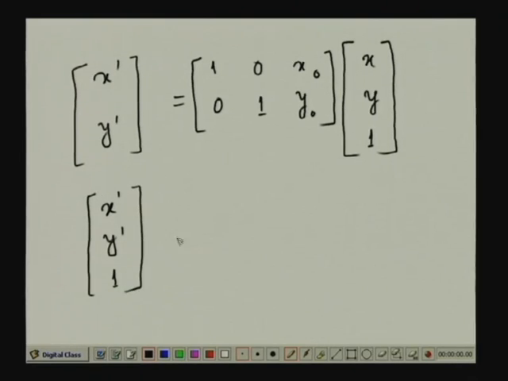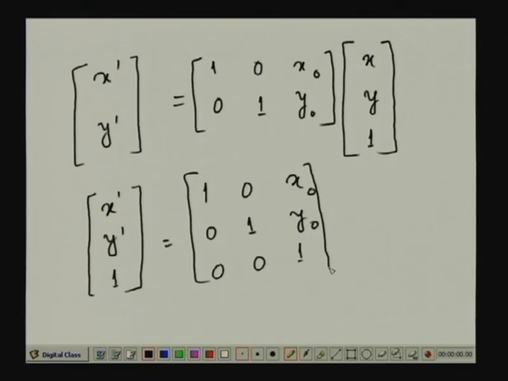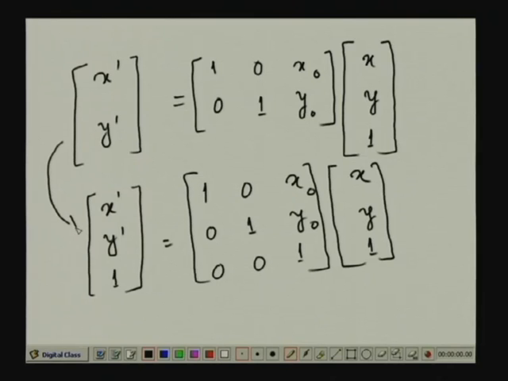This is equal to the matrix [1, 0, x naught; 0, 1, y naught; 0, 0, 1] times x, y, 1. You find that this second expression, which I have just obtained from the first one, is now a symmetric expression, and this is what is called a unified expression.